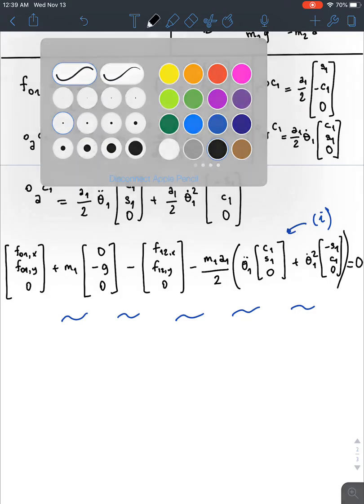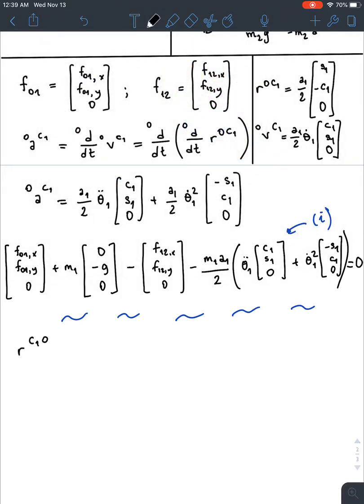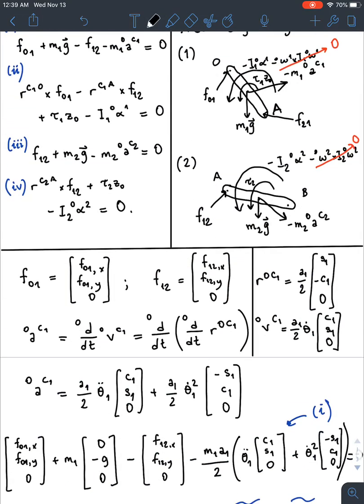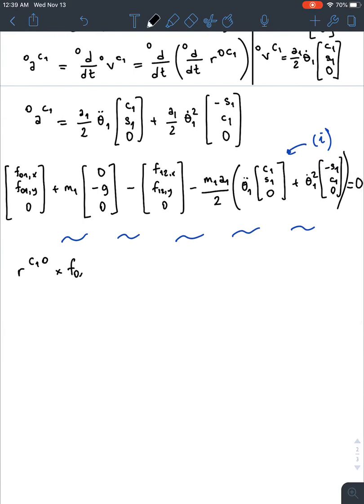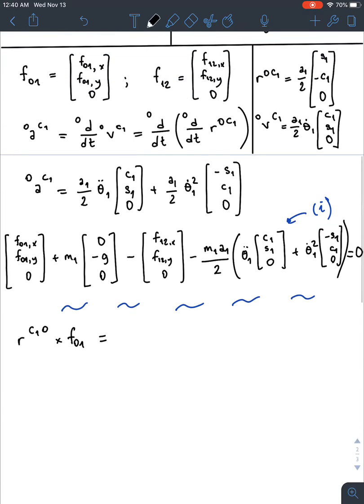So what do I need to compute? I need to compute C1O cross F01. And this one looks like this: minus A1 over 2 times (sine 1, minus cosine 1, 0) cross F01, which is F01x, F01y, and 0.